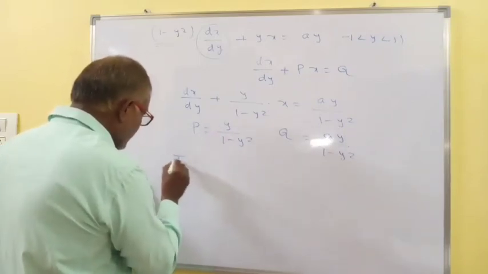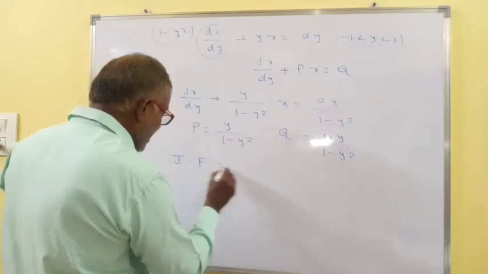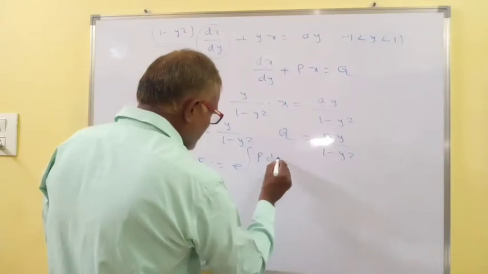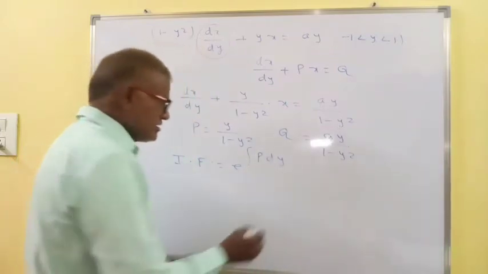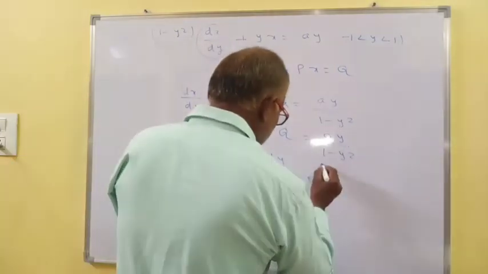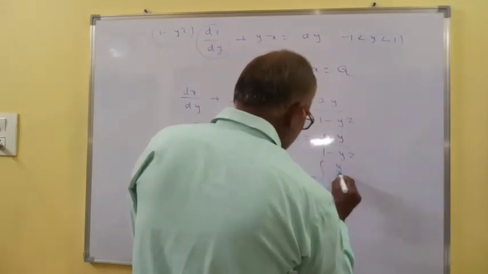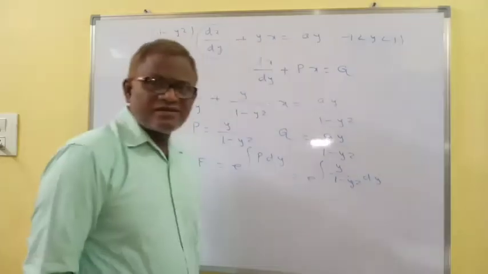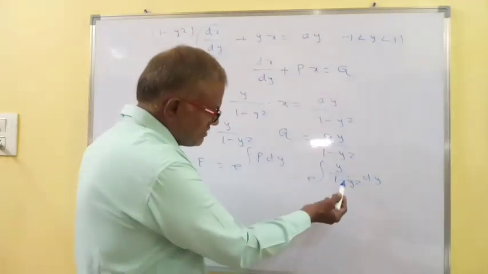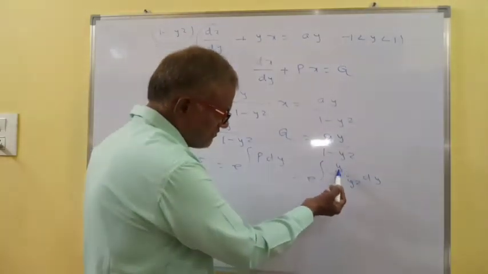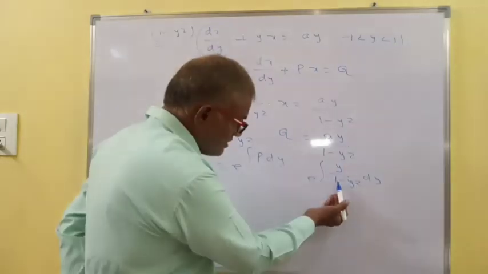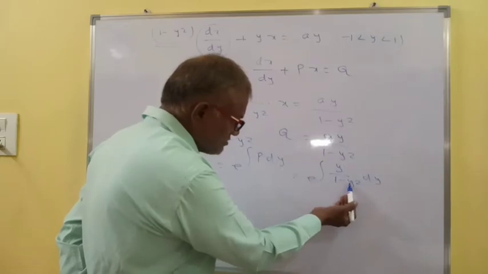Now the integrating factor is e to the power integral P dy. So this is nothing but e to the power integral y/(1 - y²) dy. So see this one, f'(y)/f(y). Clearly here the derivative of 1 is 0, the derivative of minus y squared is minus 2y.